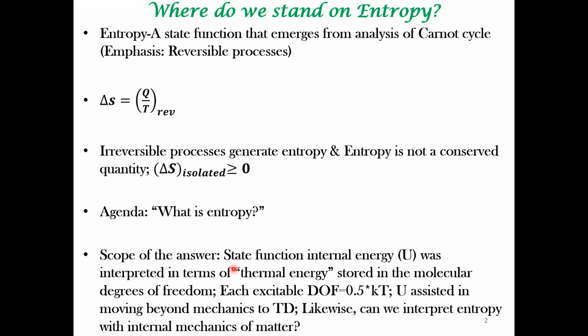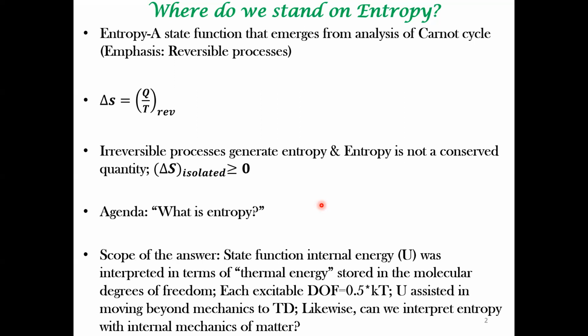The scope of the answer is pretty much similar to the way we started discussing internal energy. We wanted to go beyond mechanics to thermodynamics. So we interpreted thermal energy in terms of kinetic energy of atoms and molecules, and how you can store kinetic energy in molecular degrees of freedom.